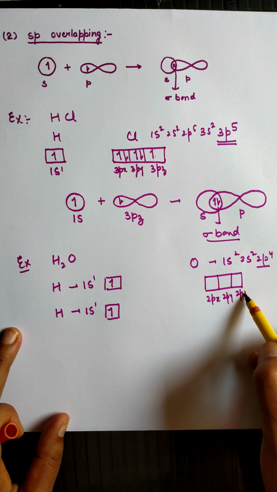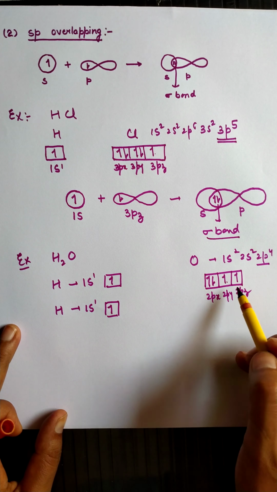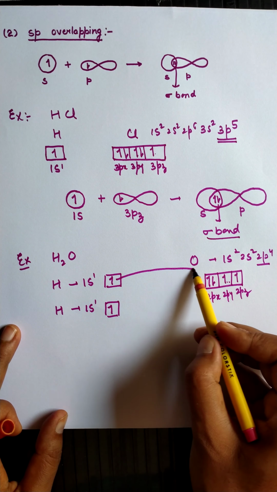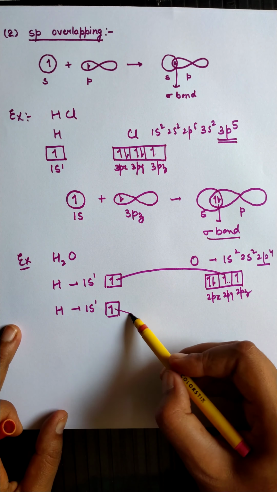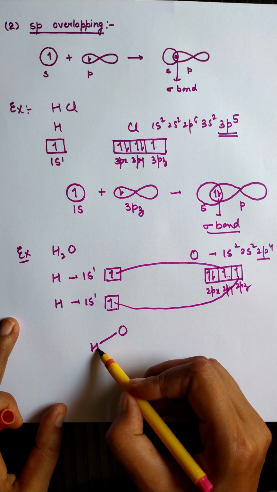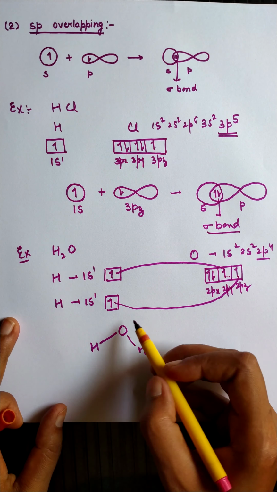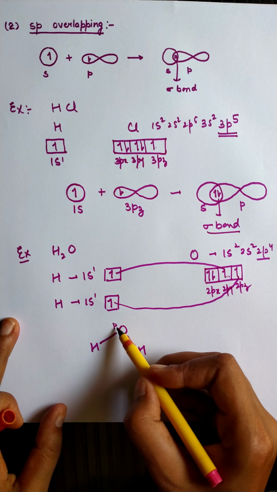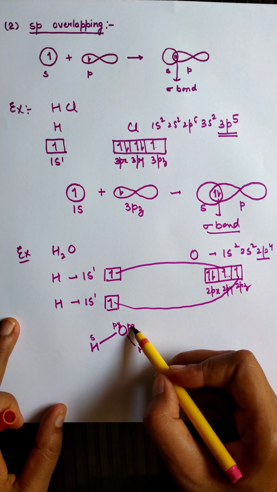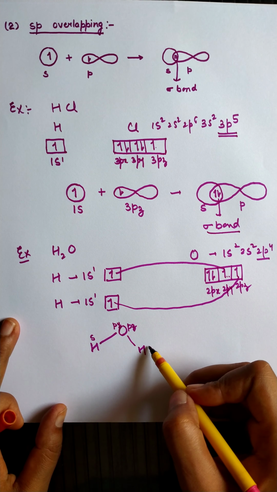These p orbitals will overlap. One of the p orbitals will overlap with this hydrogen atom, and the second p orbital will overlap with the other hydrogen atom, and we can see this in the diagram. The py orbital overlaps with the s orbital of one hydrogen, and the pz orbital of oxygen is overlapped with the s orbital of another hydrogen atom.